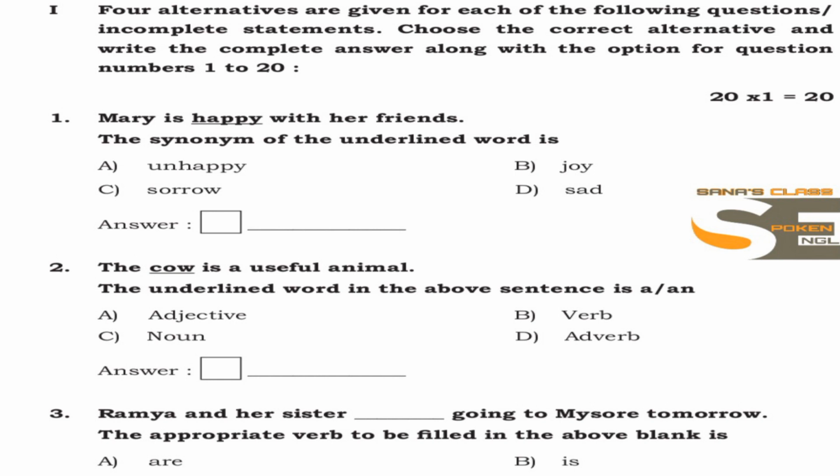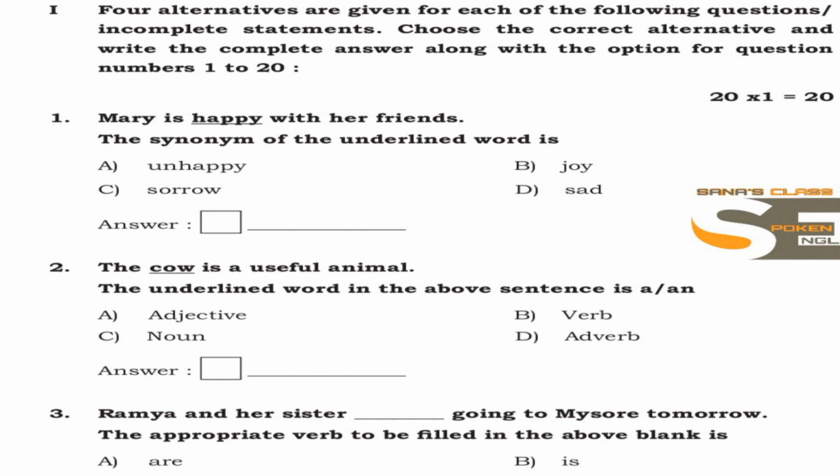Mary is happy with her friends. The synonym of the underlined word is. Before you read, you should understand clearly what the question is about. Here they are asking you to find out the synonym of the underlined word. Synonym is nothing but a one word meaning. What would be the one word meaning of the word happy?